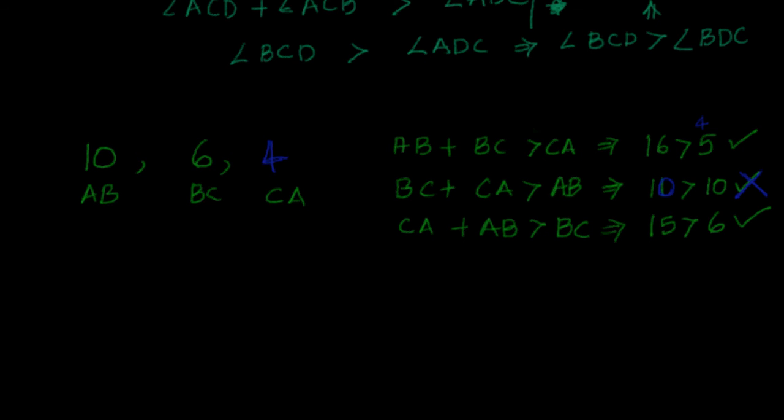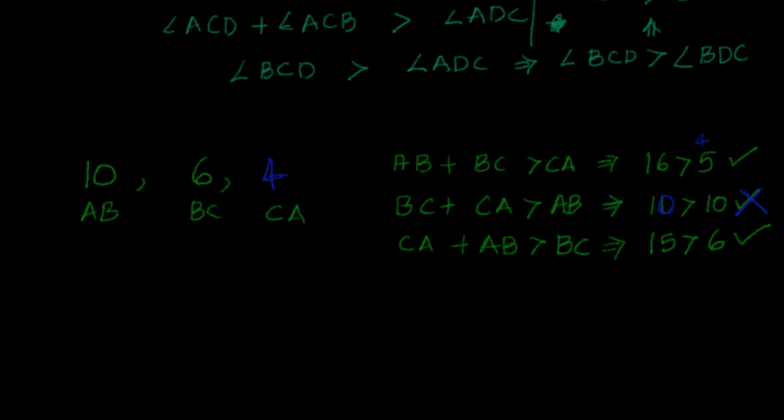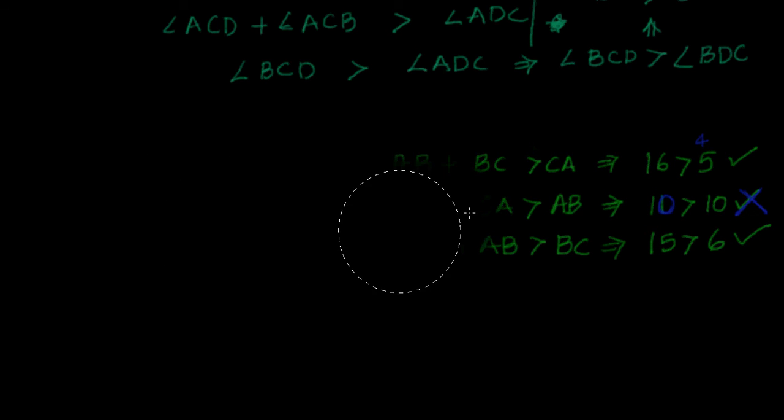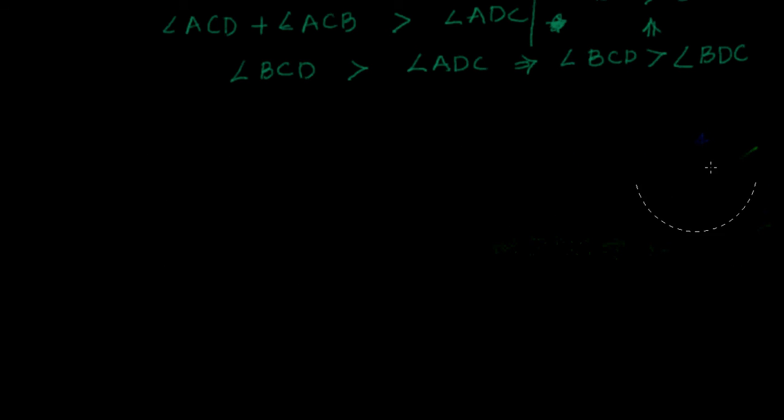Now, let's also look at one interesting point here. If you have been given two sides and asked to find out the range in which the third side should be, how will you do this problem? Suppose I have been given that the two sides are 12, 5. Now what is the third side range?